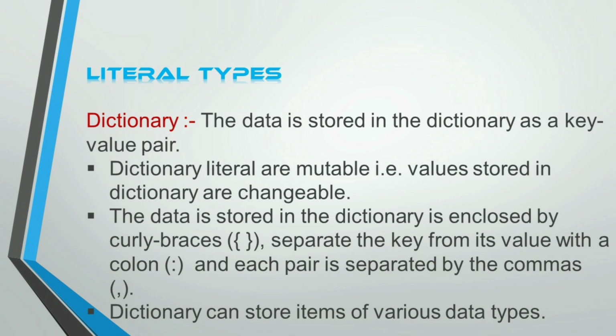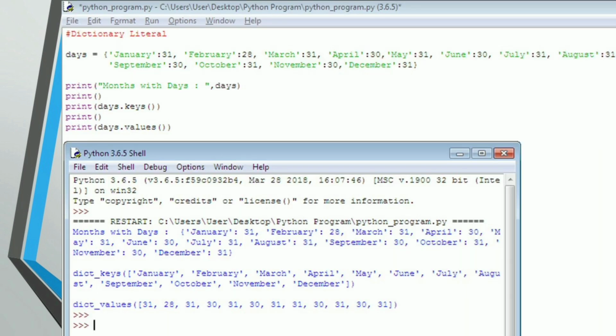Dictionary can store items of various data types. You can see in Python IDE, a dictionary is given. In this dictionary, months are keys and the days are values, separated by colon. To get keys of dictionary, days.keys function is used. Whereas to get values of dictionary, days.values function is used.